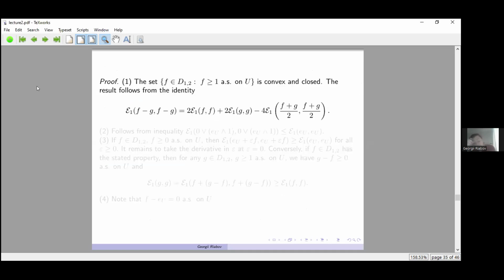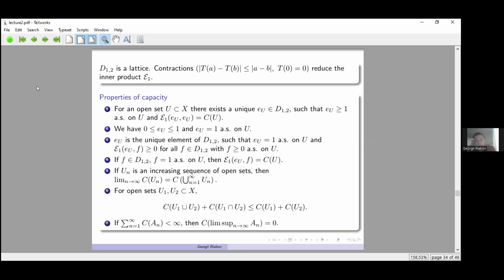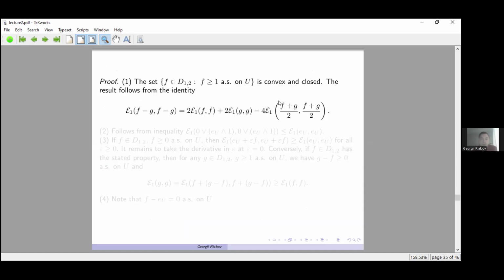So I will briefly discuss the proofs. Okay, so how to show the existence of this function EU. Just note that the set of functions f that are greater or equal to 1 on U is a convex closed set.